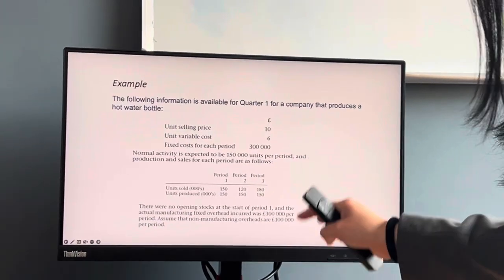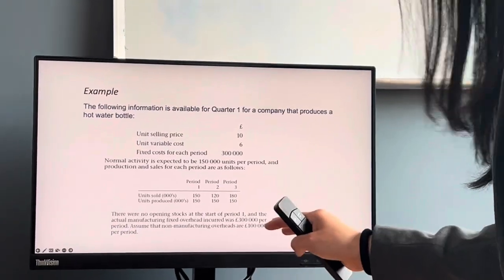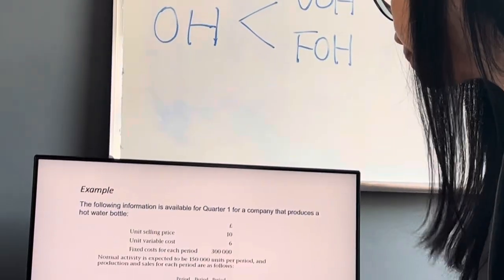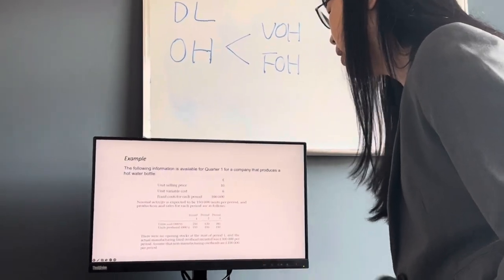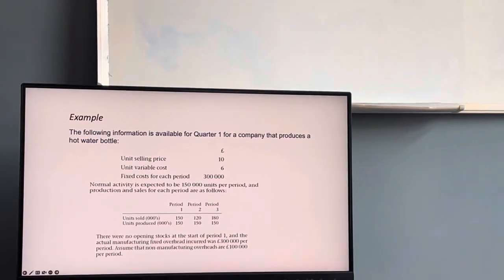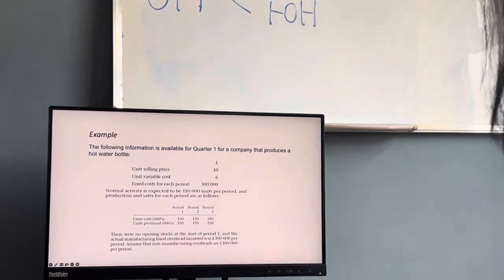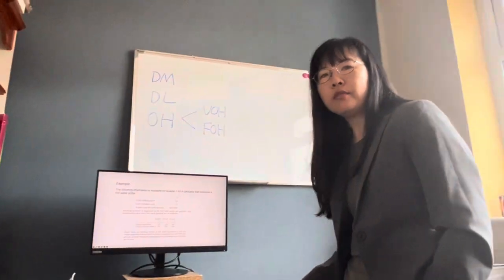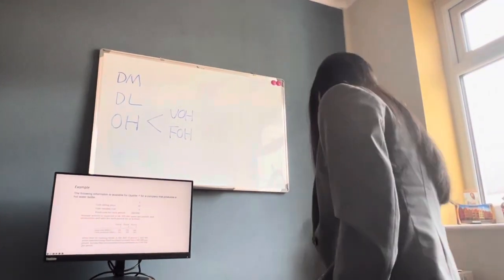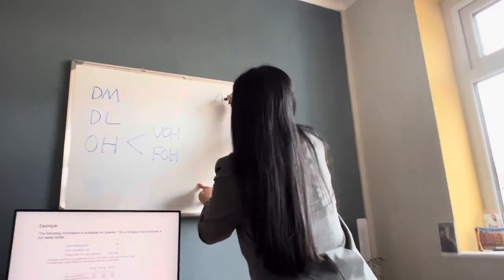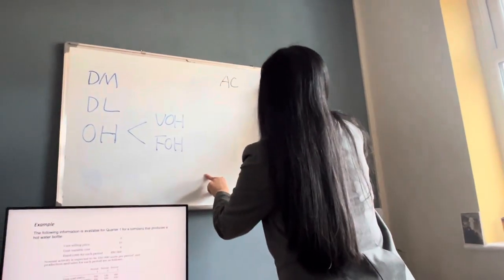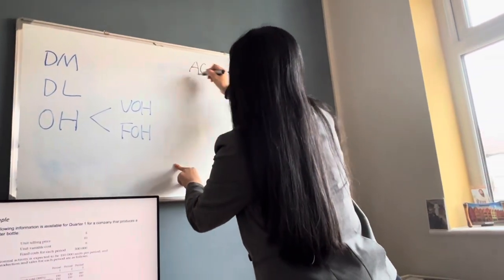We just assume non-manufacturing overhead, that's period cost, is 100,000 per period. So now what we do, initially we need to calculate the cost per unit under each costing method, absorption costing and marginal costing.